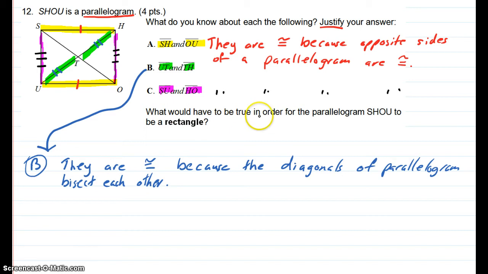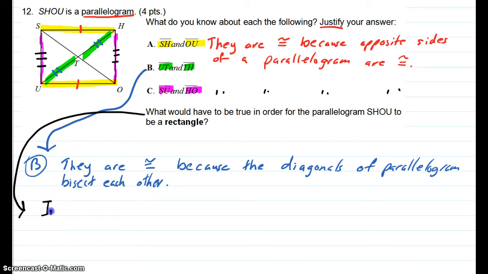Okay, what would have to be true in order for the parallelogram to be a rectangle? If you remember the properties of rectangles, the diagonals are congruent. So what would have to be true? They would have to be congruent diagonals. So let's put this answer down here, and we're going to write a sentence at least.